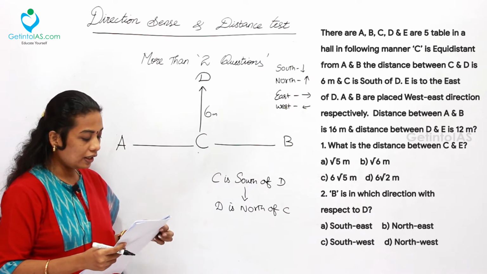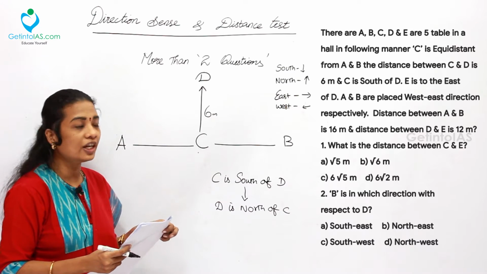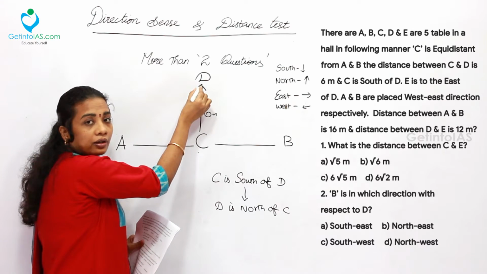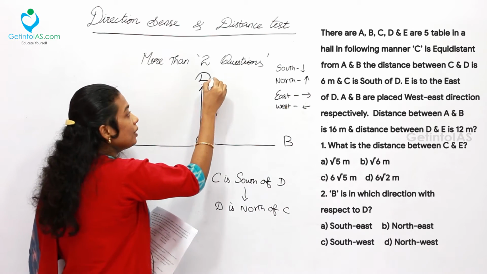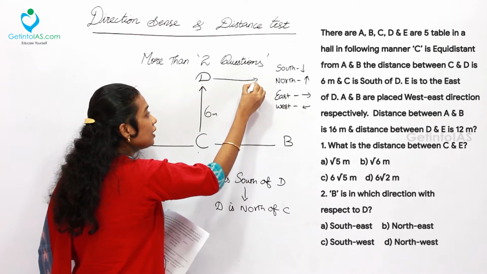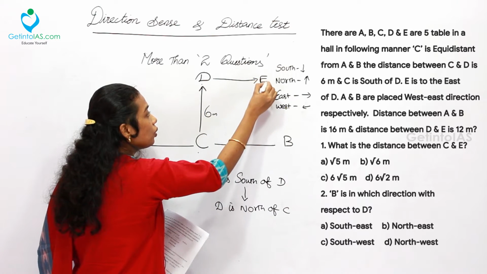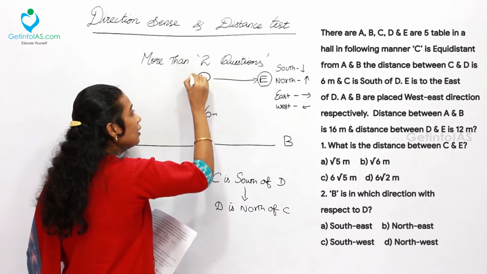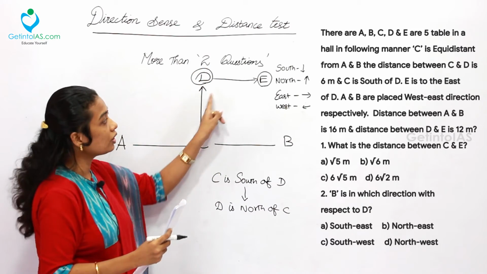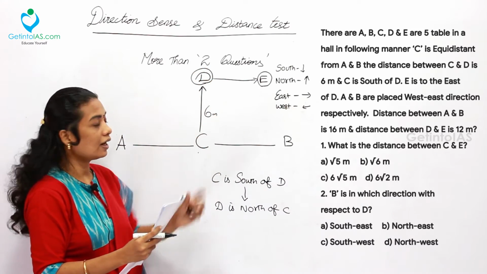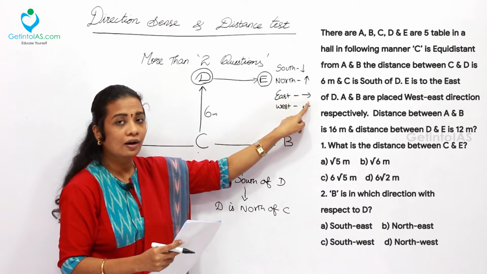Then the next thing, E is to the east of D. Where is D located? Here. E is to the east of D means from D, in the east direction, E is located. So I am marking D here and E here, because east direction is the right side.